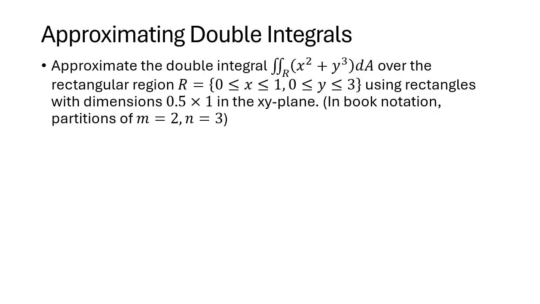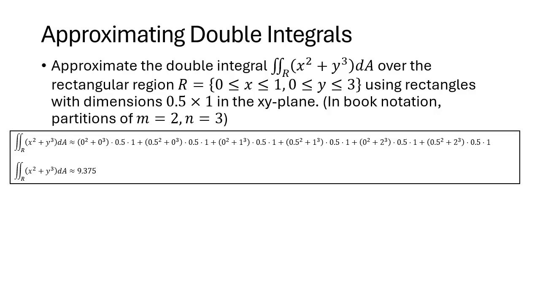Doing this, we're going to end up with different boxes. We're going to end up with one box here that is the region from 0 to 0.5 on x and 0 to 1 on y. So the width is 0.5, the length is 1. And we're going to use the left corner. So the left corner is x is 0, y is 0. So this is volume 0.